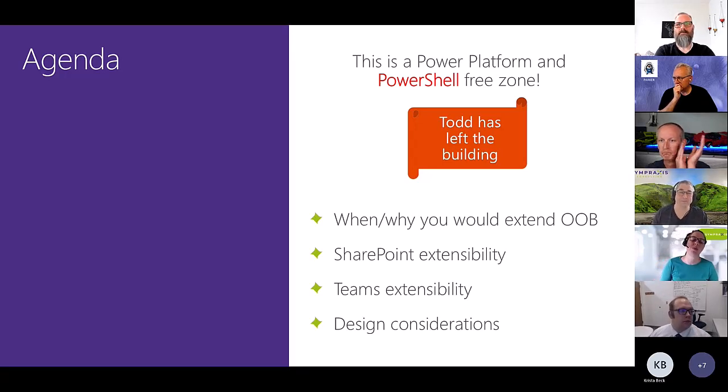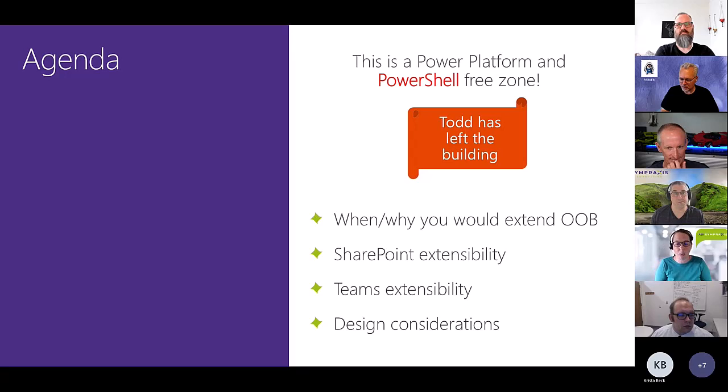So what we're going to do is talk about the when and why you should extend out of the box. So we'll start there. And then we're going to go through, from a SharePoint and a Teams perspective, where the extensibility points in the products are, so that we can address business scenarios that might fit into those locations.